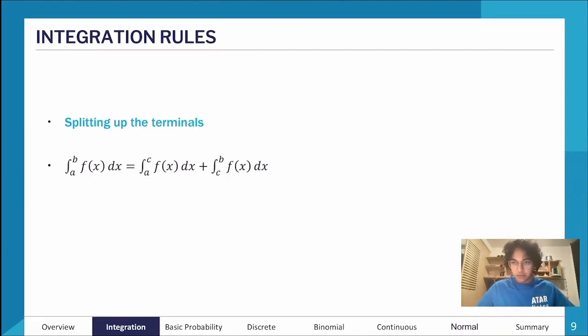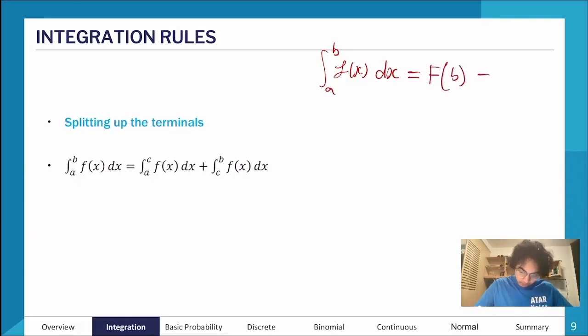So, splitting up terminals. We'll talk a little more about definite integrals in a bit, but basically the fundamental theorem of calculus is that if we have a definite integral, like so, we find the original function, represented by capital F, then we sub in the values of the terminals, and then we subtract them.